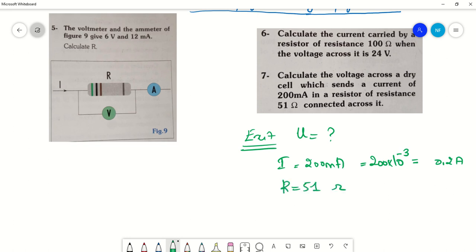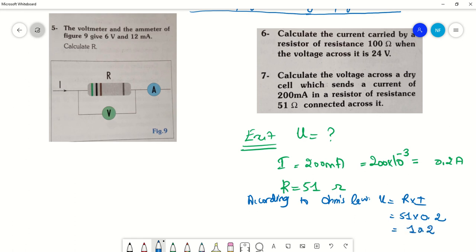It's in SI unit, so it's okay. I have to calculate the voltage. According to Ohm's law, U equal RI or IR, the same, then it will be equal to 51 times 0.2, and the answer will be equal to 10.2. What is the unit? I'm calculating voltage. The unit is volt.